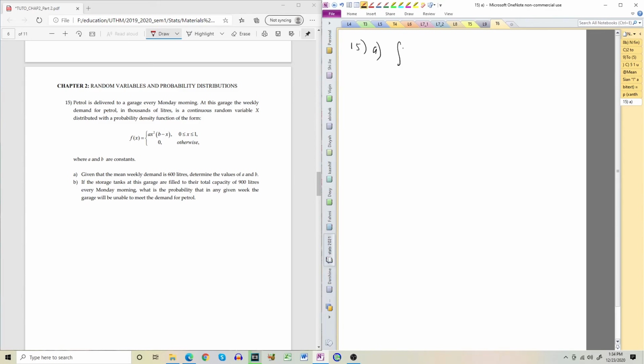The mean is 600 liters, but in thousands of liters, so this would be 0.6.